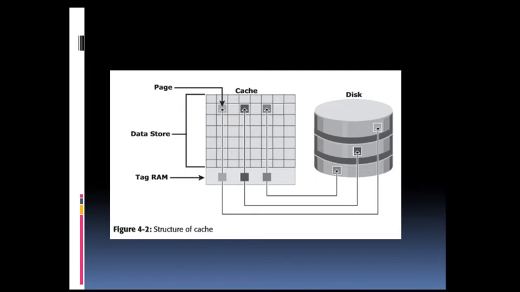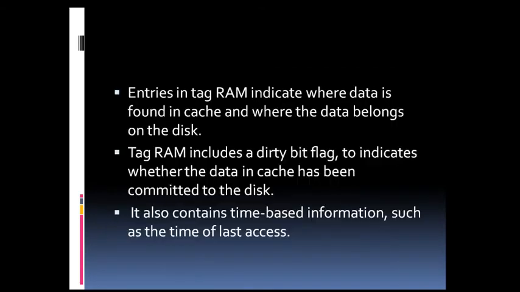That is identified using the dirty bit. It also contains time-based information such as time of last access, which is used to identify cached information that has not been accessed for a long period and may be freed up. So this is about the structure of the cache and the components it contains.